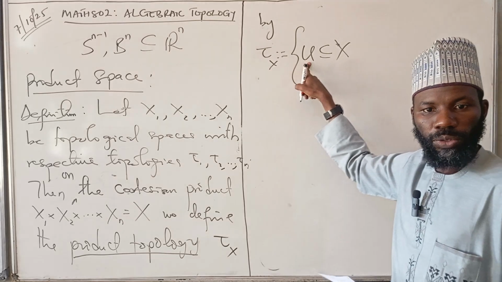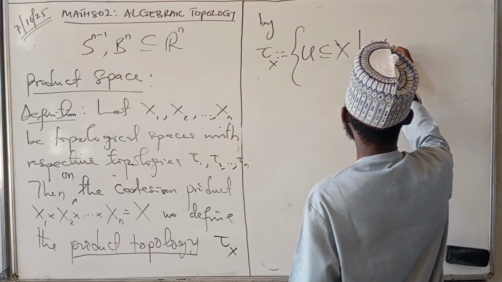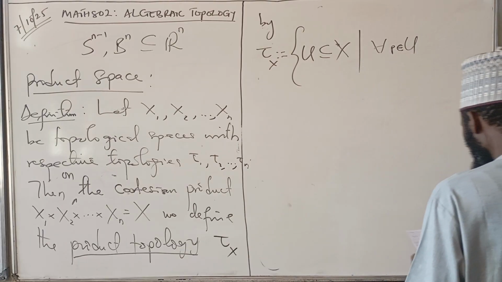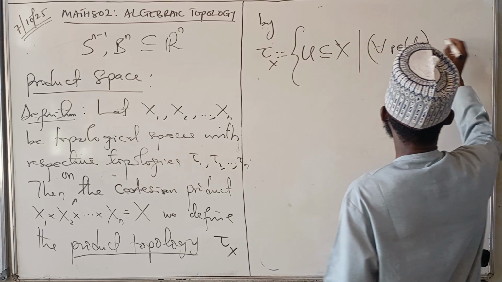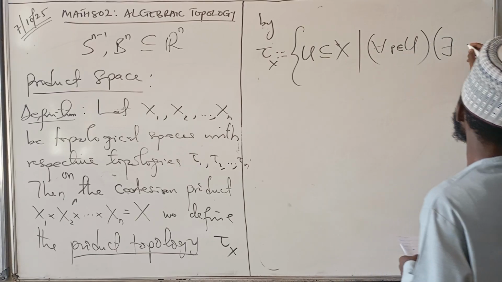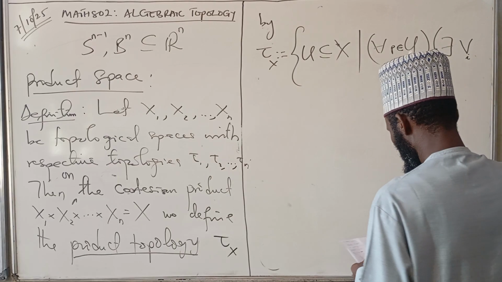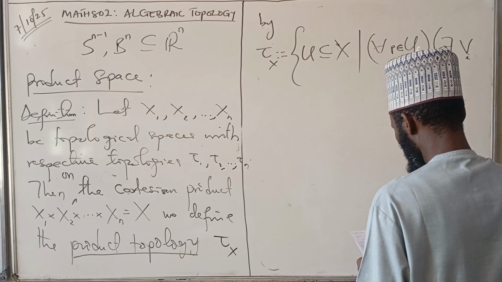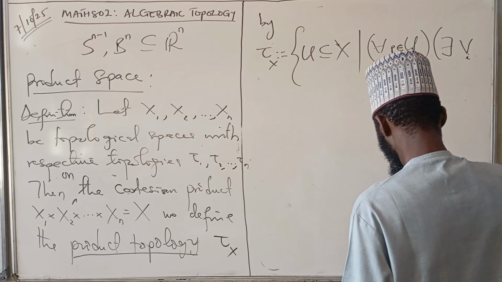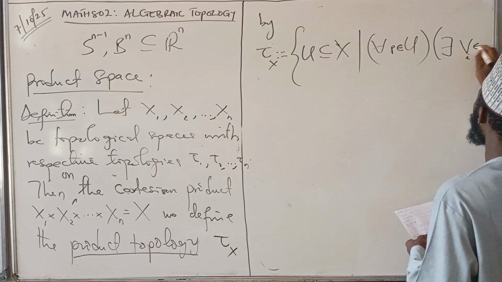Elements here are n-tuples, okay, such that for all p in U, an element of U, there exists an open set Vi in tau i.